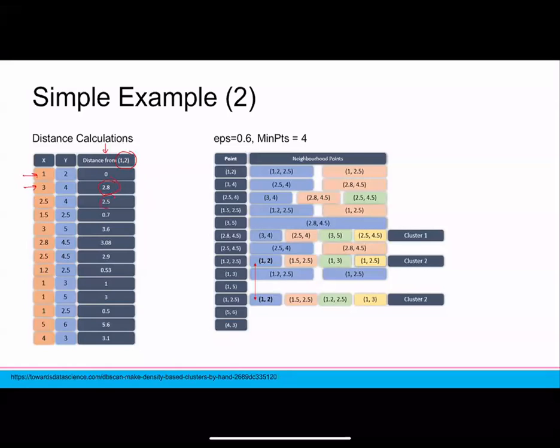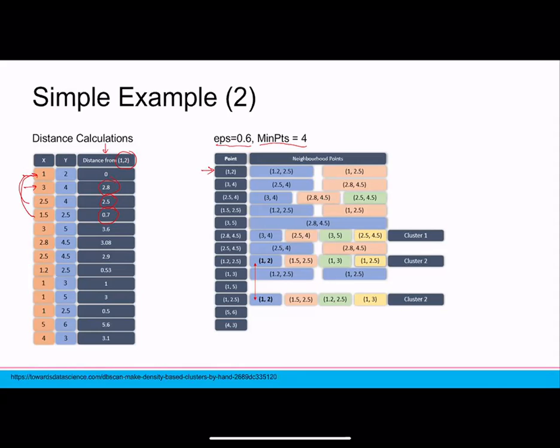This number is the distance from 1, 2 to 2.5, 4. This is the distance from 1, 2 to 1, 5, 2.5, and so on. So from this, let's check the EPS 0.6 and whether it fits with the minimum points. We need to check for every point.